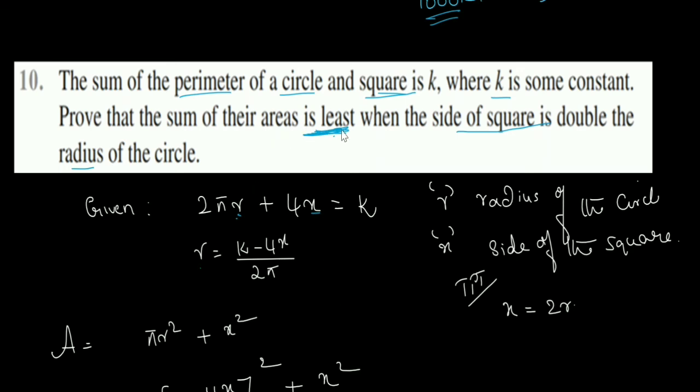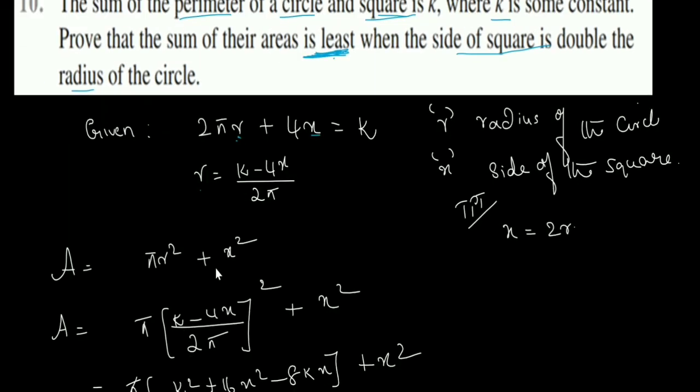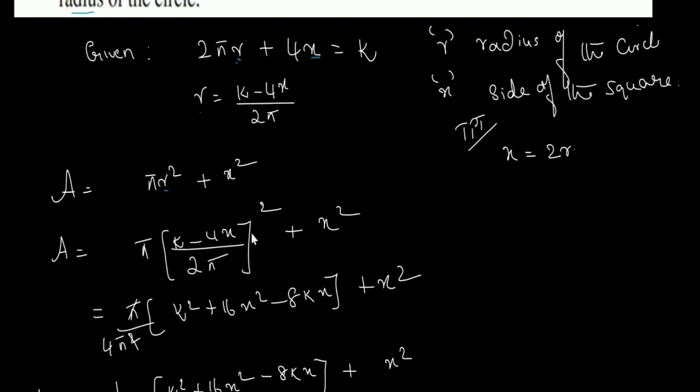The area is least, so we have to find the area. Before you differentiate, you have to convert it to one variable. We have already written r, so we can write r square in terms of x: k minus 4x by 2 pi, the whole square, plus x square.